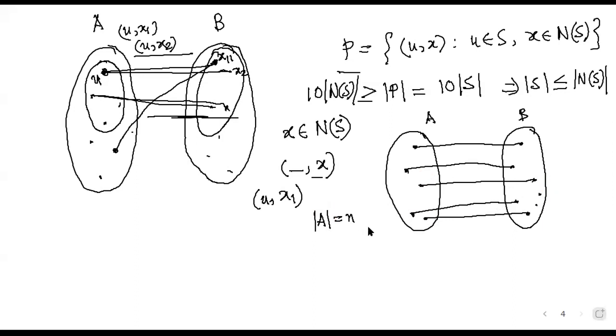Is anybody clear on why the cardinality of A should be n? Let's assume that you have a perfect matching from A to B. Let's assume that there are elements in B that are not covered by A. So there is a maximal matching from A to B, right?